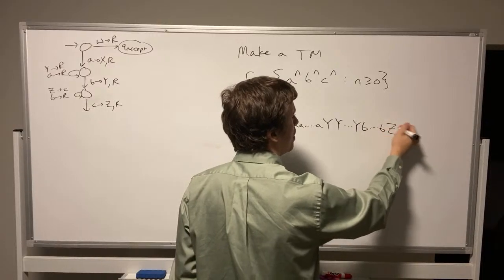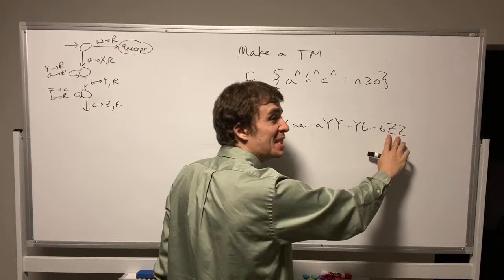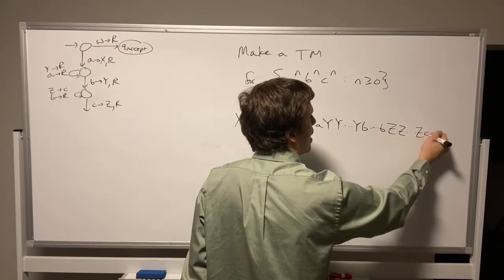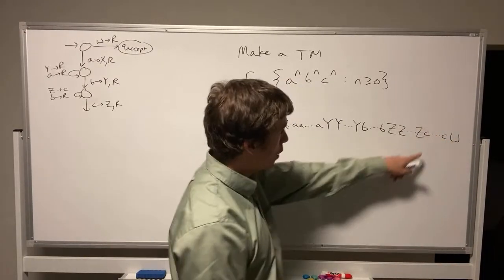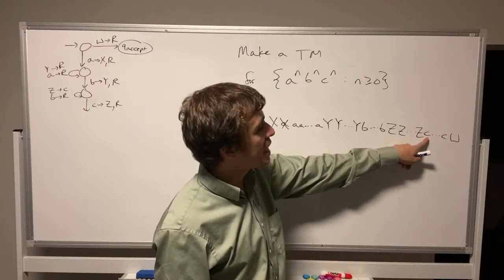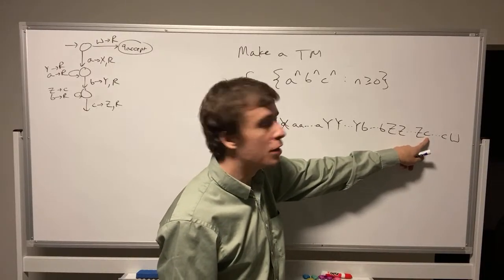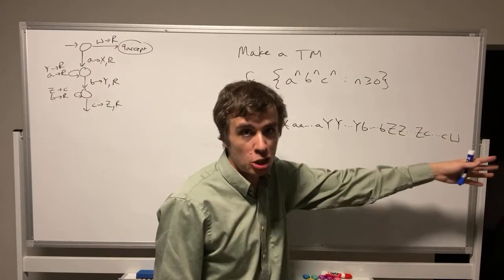I'm going to have some number of C's that were converted to Z's, and then a bunch of C's and then blanks. If I convert this C into a Z, then there's no point in continuing right anymore because there's nothing else to check after there.